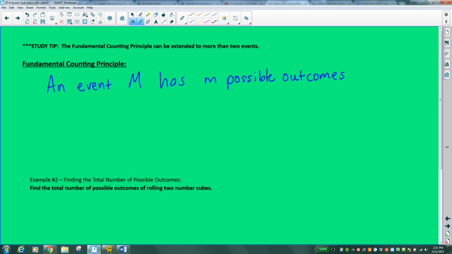So an event M has m possible outcomes. And then we have an event N, capital N, that has lowercase n possible outcomes.